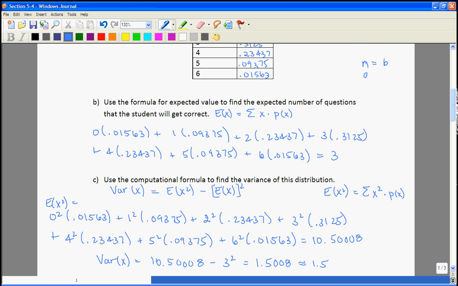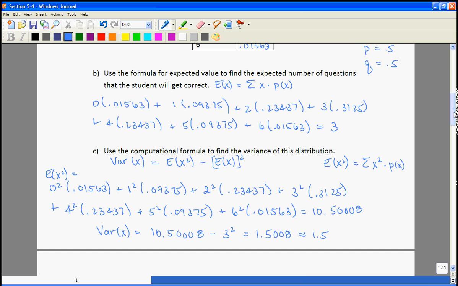The probability of success was 0.5, but the probability of failure was also 0.5. So looking at those numbers, where do you think that 3 came from for the mean? This one might be a little more difficult to see, but where do you think that 1.5 came from?